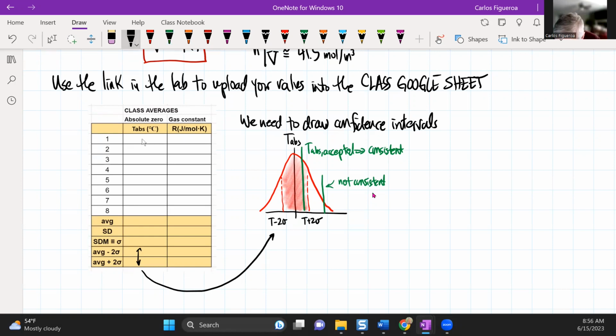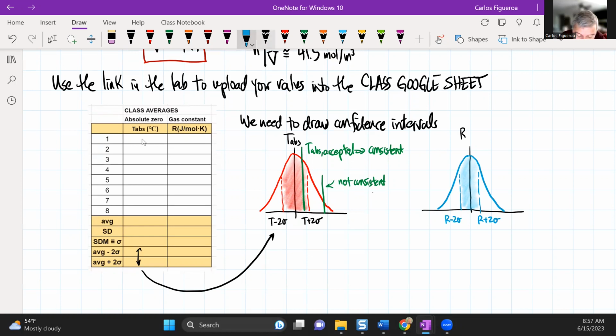Then I want to do the exact same thing with the gas law. So if I look at my gas law, I'm going to be looking at this gas constant, and then I'll have, let's say, another distribution curve. And so once again, what am I seeing? It's going to be R minus 2 sigma, R plus 2 sigma.